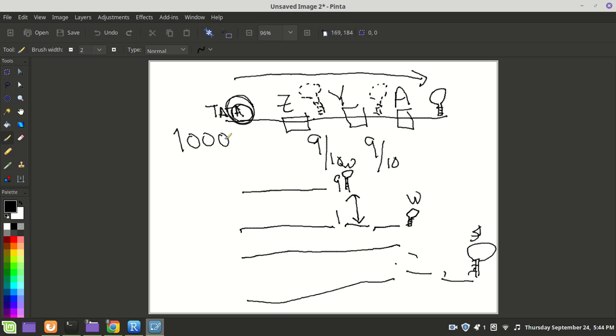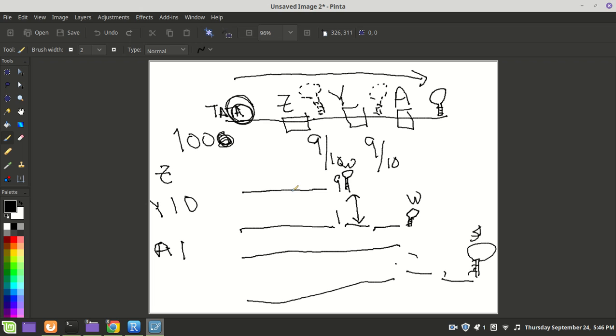So you're always going to make Z. But only sometimes are you going to get over here, out of that 100, you're only going to get to this one 1 out of every 10 times. So you're only going to make 10 Y's. Okay? And then out of these 10, you're only going to make 1 A.